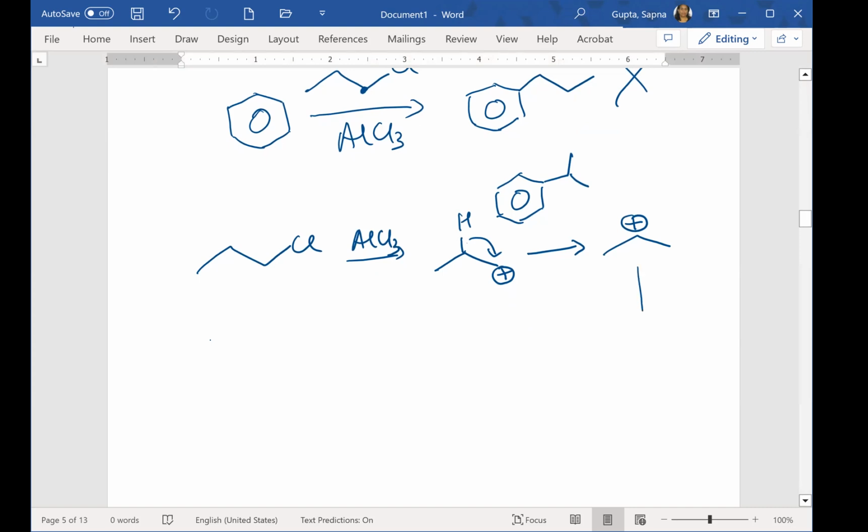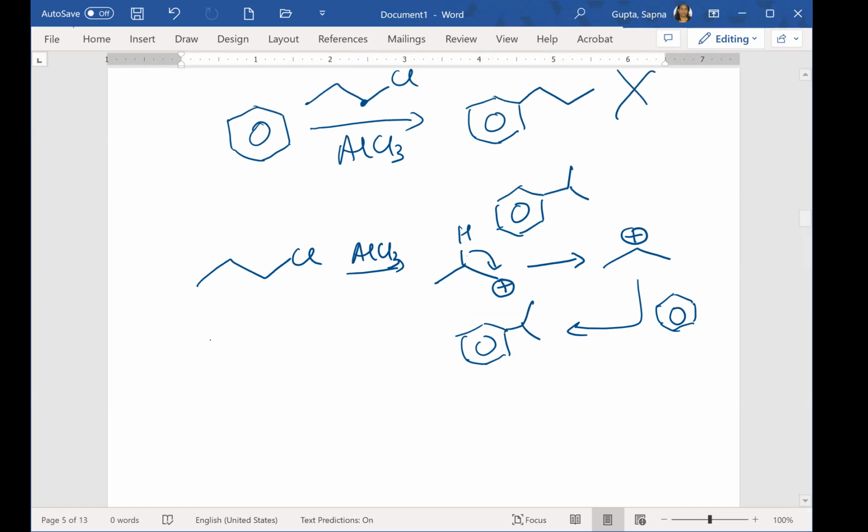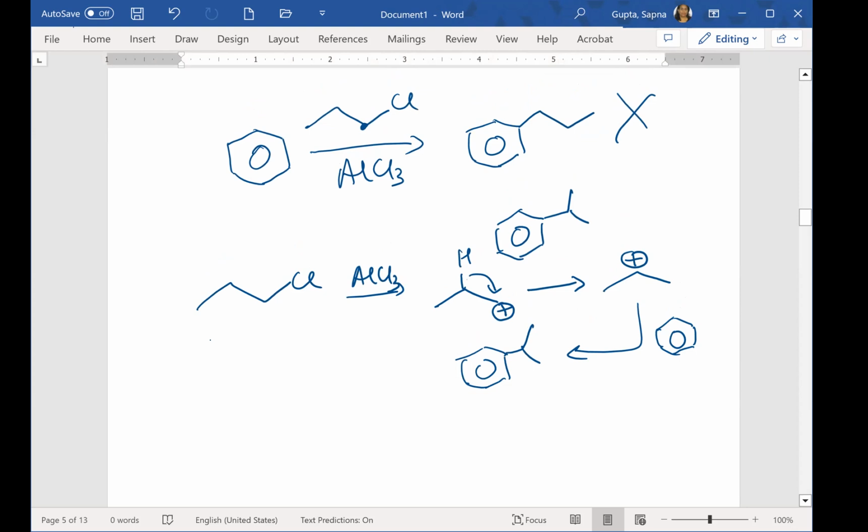That isopropyl cation now will react with the benzene. So the propyl cation actually never reacts with the benzene, and then you end up getting isopropyl benzene. So you have to be careful when you do these reactions with the Friedel-Crafts, because rearrangement is always possible.